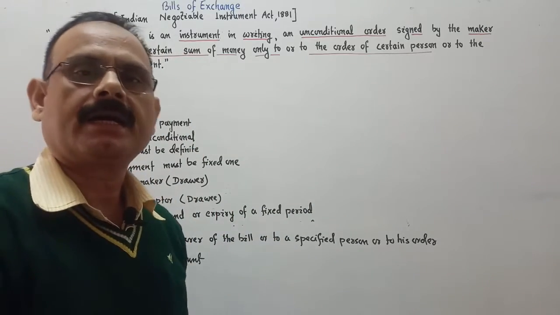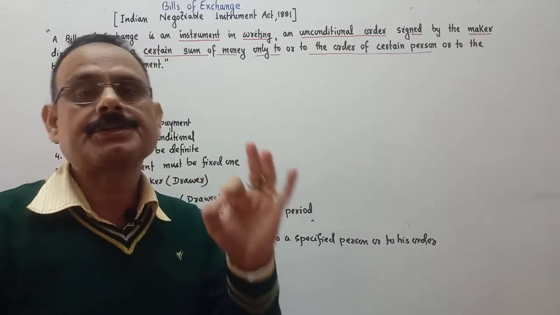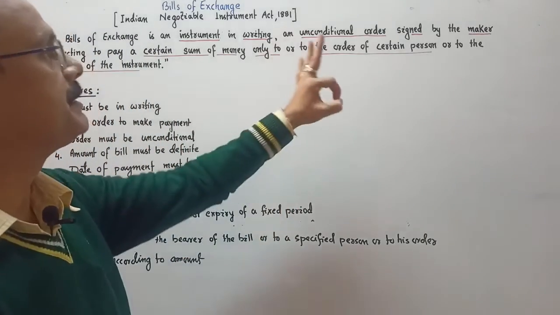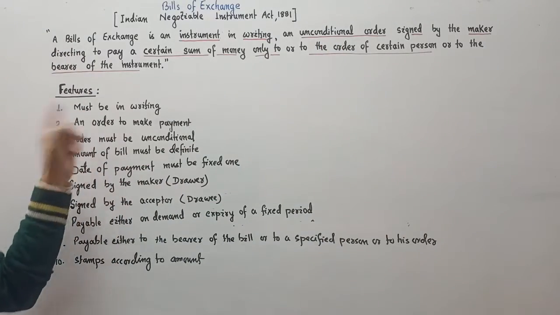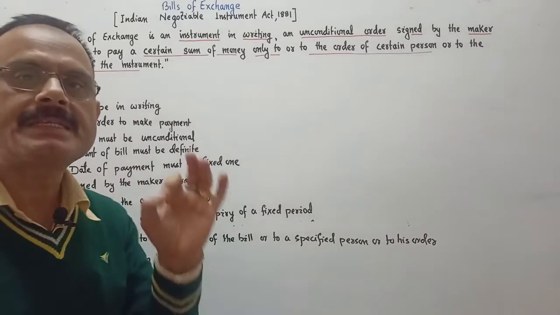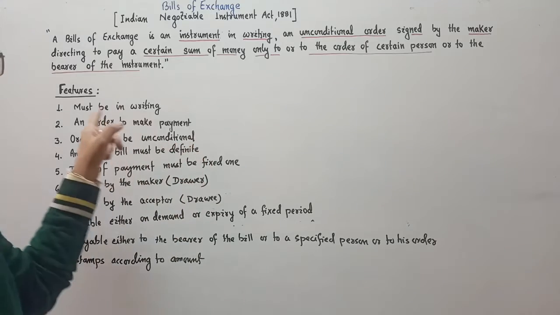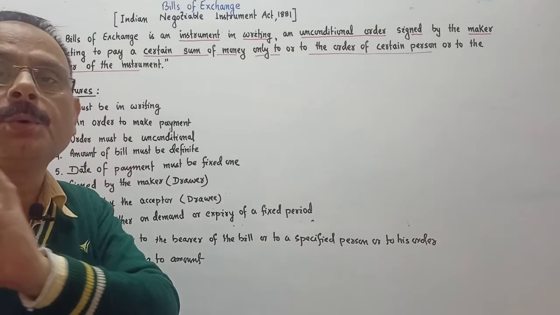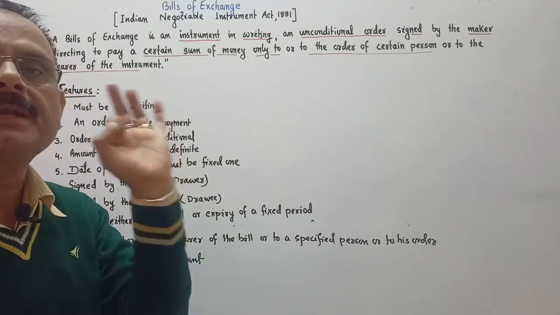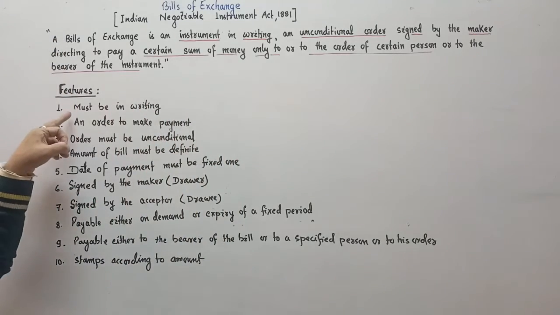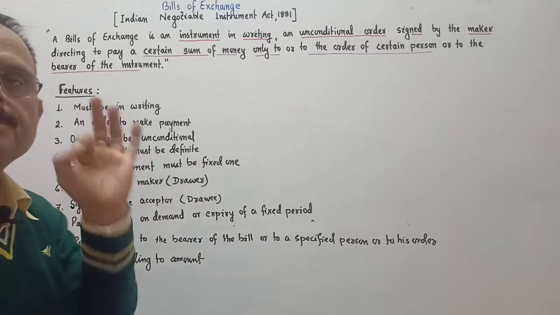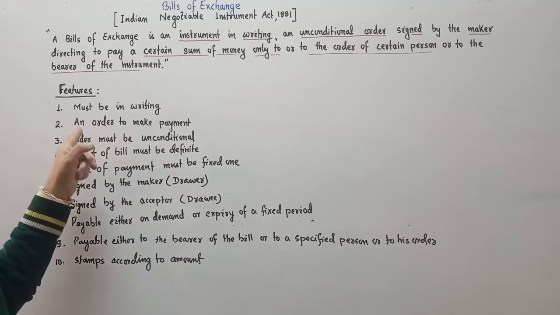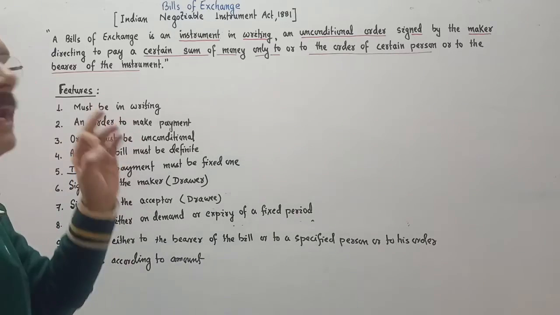So there are certain features or characteristics of bills of exchange on the basis of these definitions. Number one, bills of exchange must be in writing. It can never be oral, it must be in writing. Number two, an order to make payment.